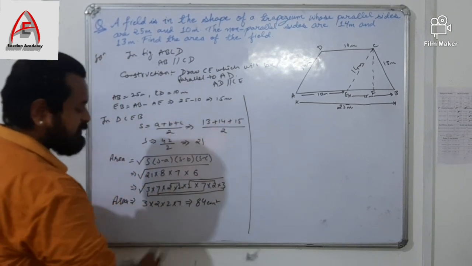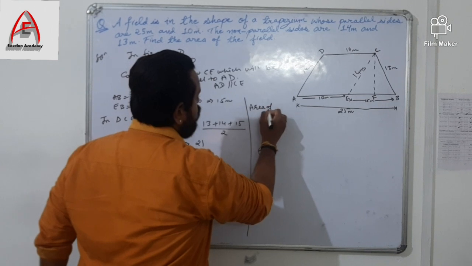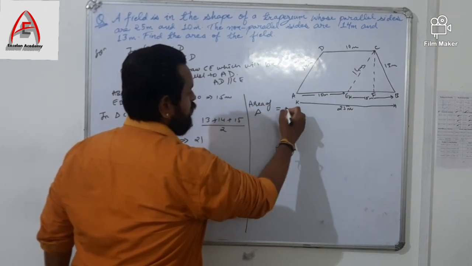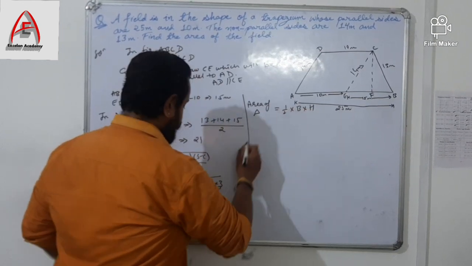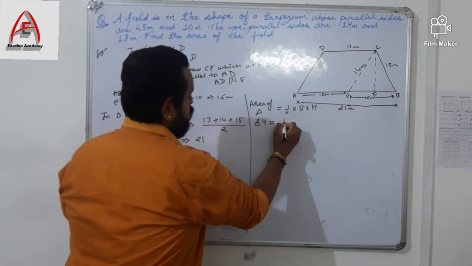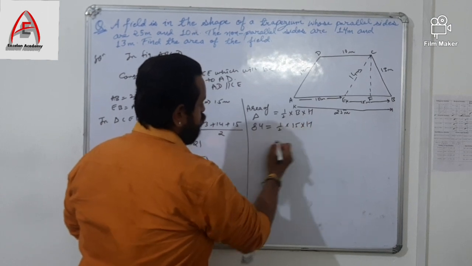Now by using this area, we know that area of triangle is equal to half into base into height. Area of triangle we got here 84, so keep here 84, equal to 1 by 2 into base. Base of the triangle is 15 and height we have to find.